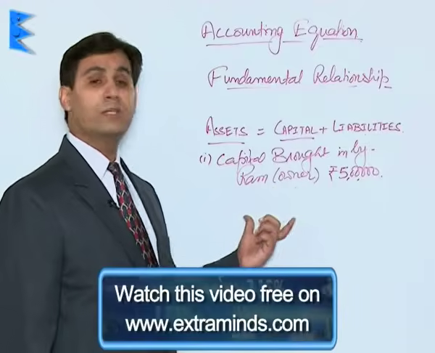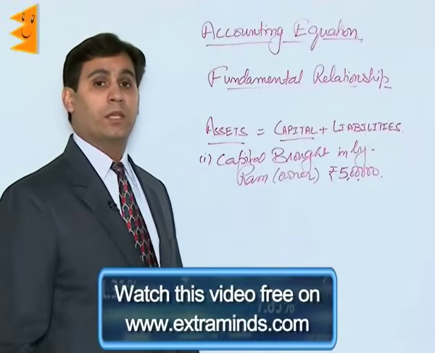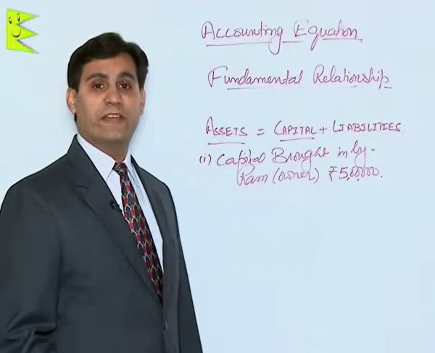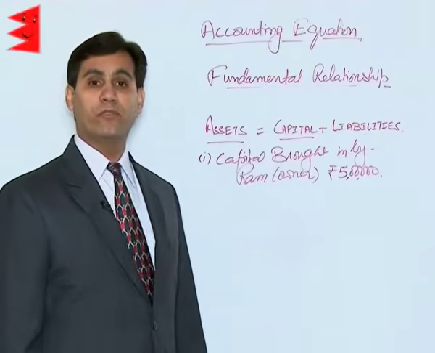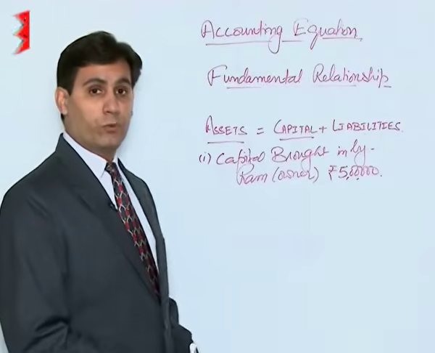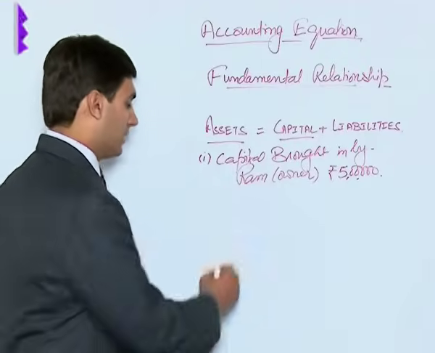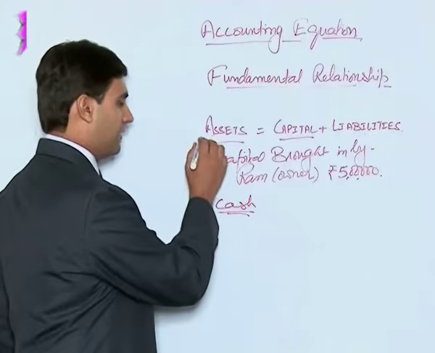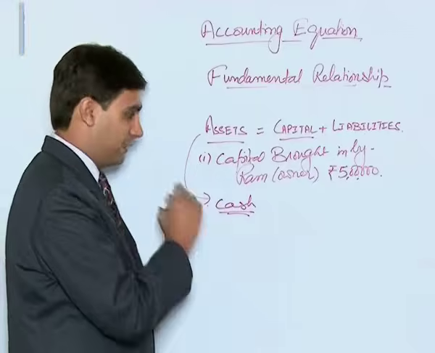Let us actually try and analyze this transaction and find out two different items. Now remember, whatever are the accounts or whatever is the effect must be actually seen or valued from the point of view of business. From the point of view of business, we are getting cash. Cash is an asset, so I am writing it directly under the head of assets.